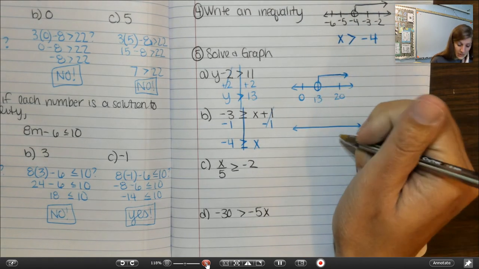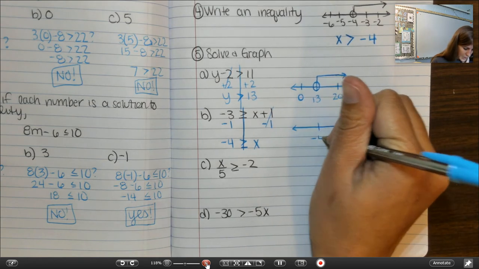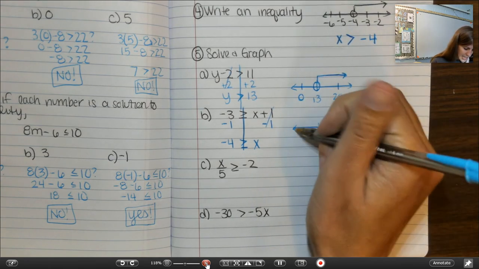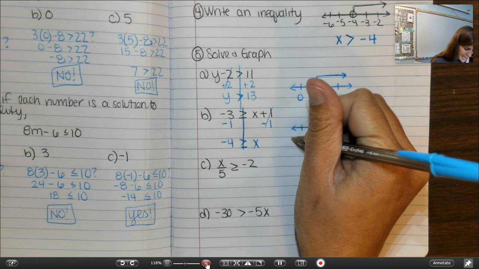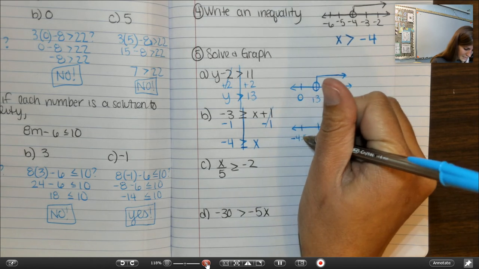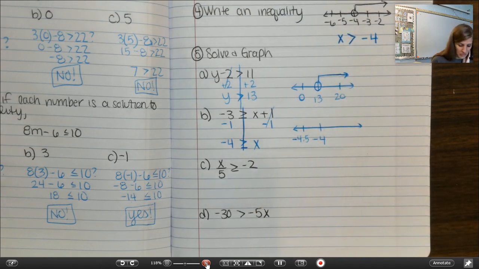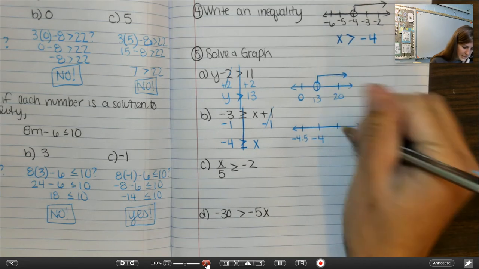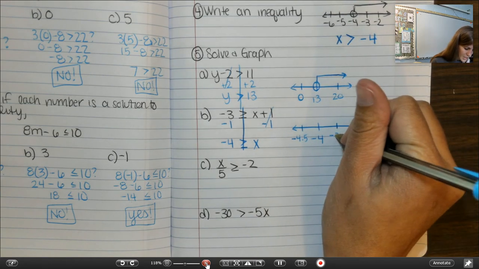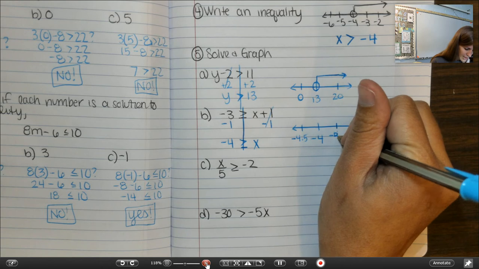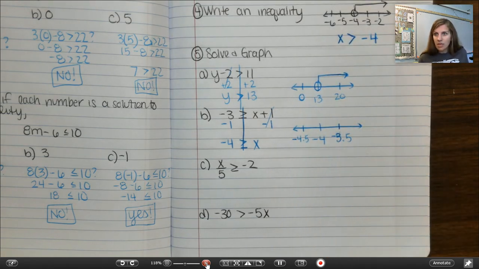And so on my number line, I need to have negative 4. Something that definitely comes before it is negative 4.5. Ooh, decimals. Something that definitely comes after it is negative 3.5. That's what I meant. Ooh, decimals.